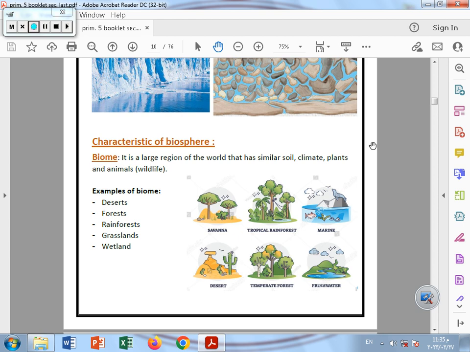Like the deserts, all deserts on the earth have the same climate, the same soil, the same plants and animals. So all deserts are called one biome. Forests are also a biome. The rainforests are also a biome. Grassland and wetland are different biomes.